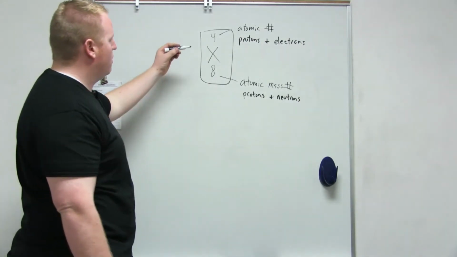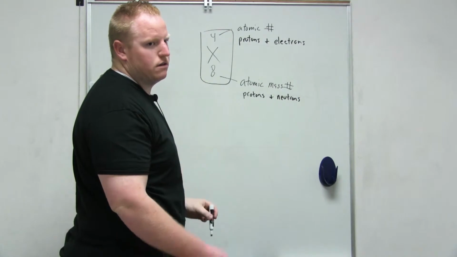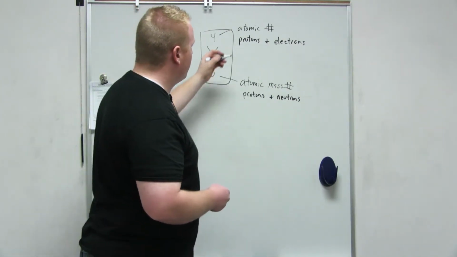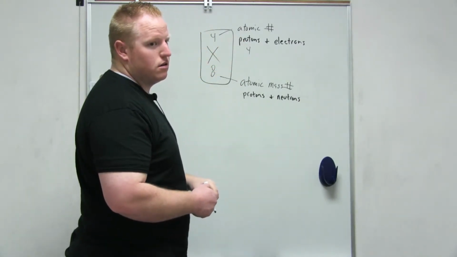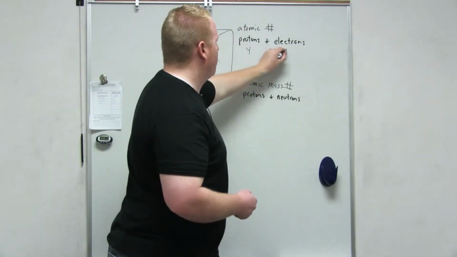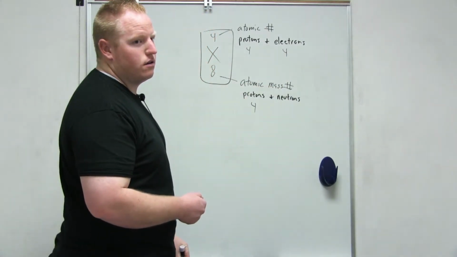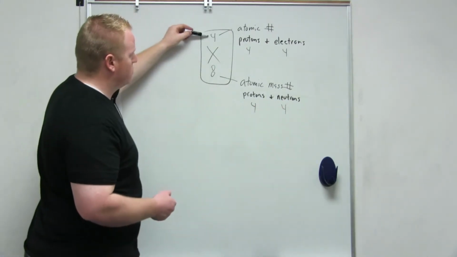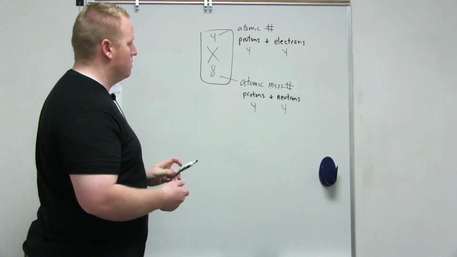So how many protons make up element X? 4. So I have 4 protons. How many electrons? 4. How many neutrons? 4. Because you know there's 4 protons, you subtract it from 8 to get the neutrons, with any element.